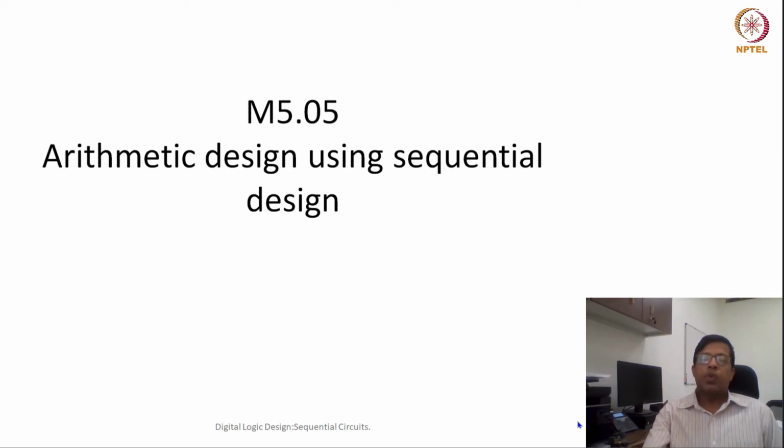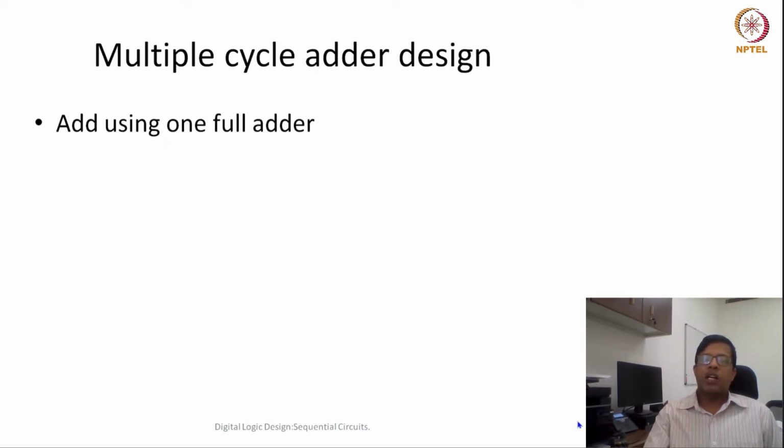One more important point to note here is that whatever techniques we are learning in these two lectures are generally applicable for any kind of design. Combinational design can be converted into sequential design using these techniques. So the first objective is to design an adder where the addition is done over multiple cycles.